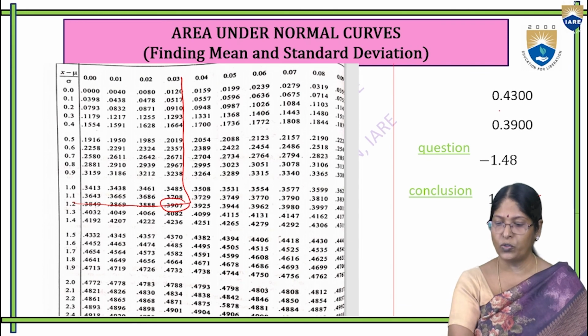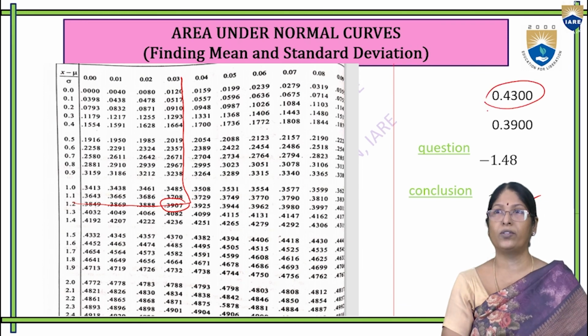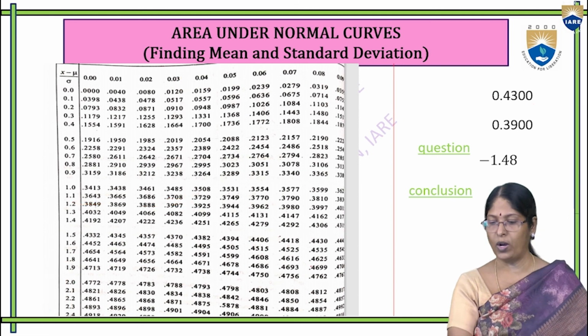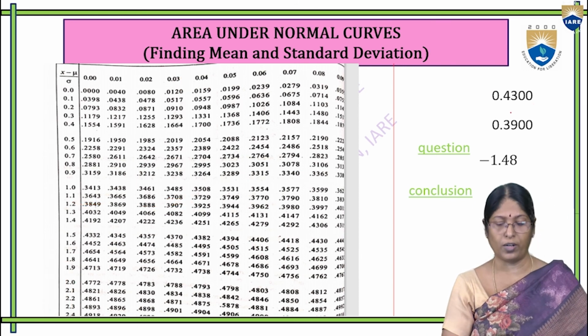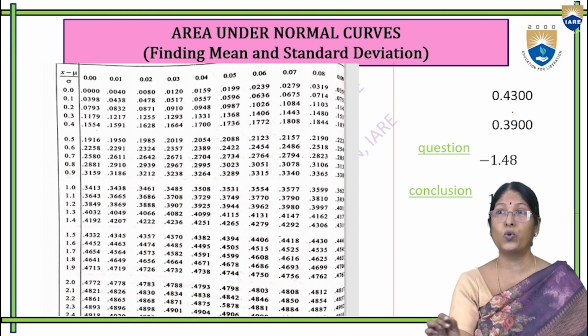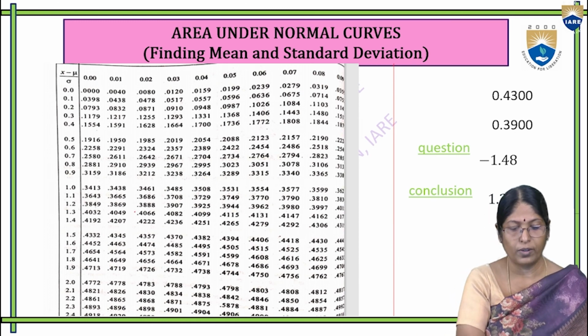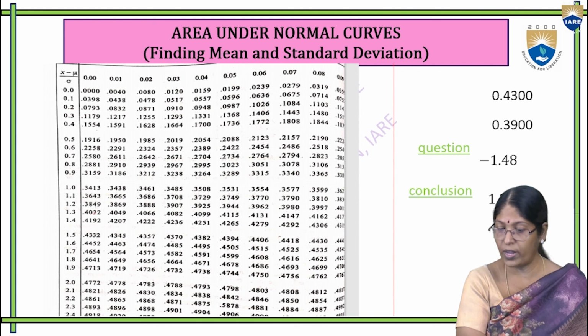Next one is 0.4300. So where is our 0.43? Sorry, the data 0.4300. We have to search here. Yes, here it is. 0.43, here one is there.